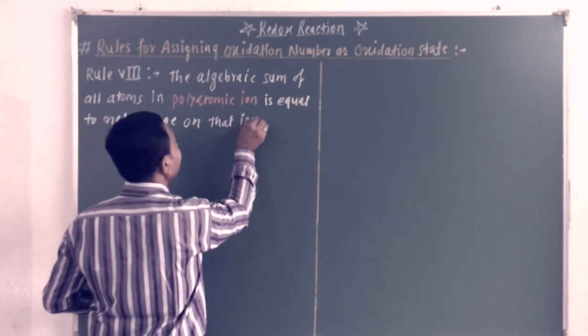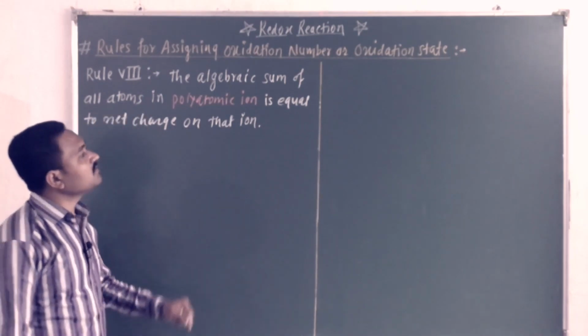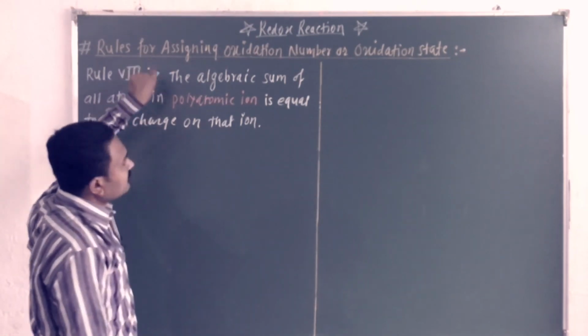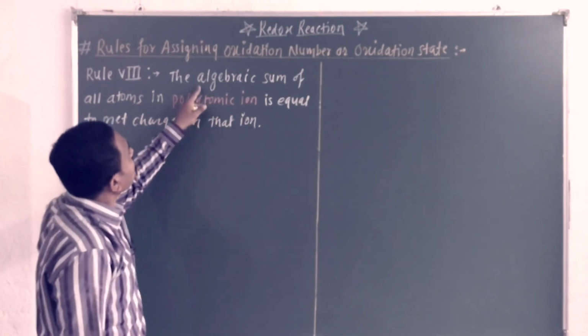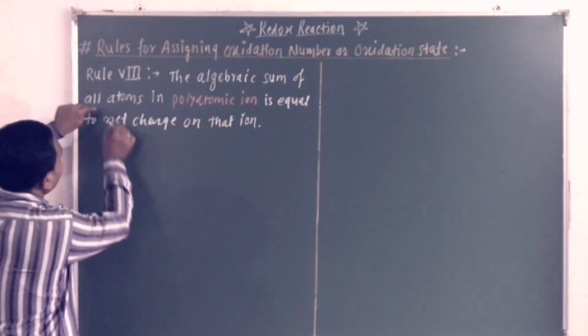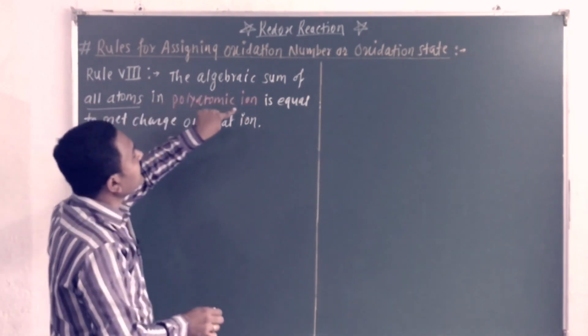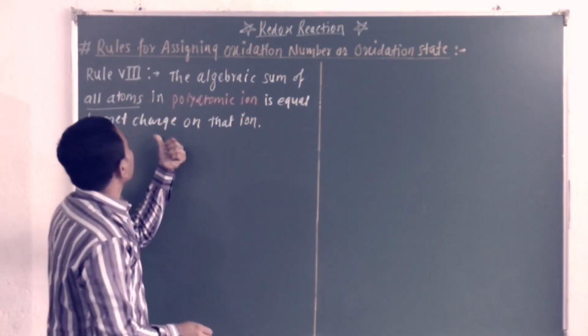Okay, so this is the theoretical statement of rule number 8. The algebraic sum of all atoms in a polyatomic ion is equal to the net charge on that ion.